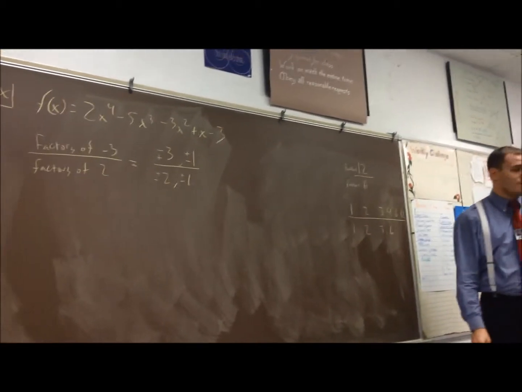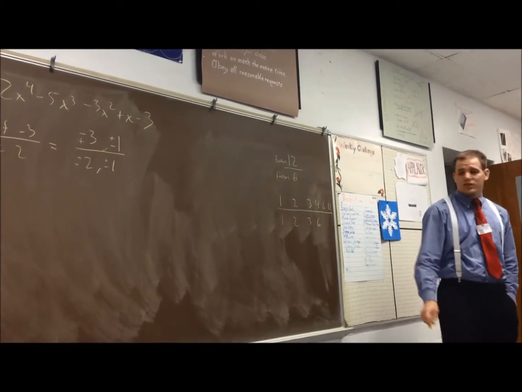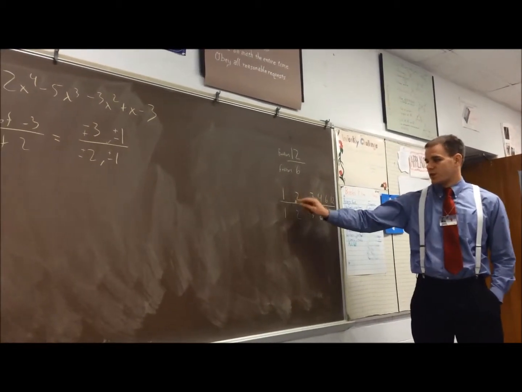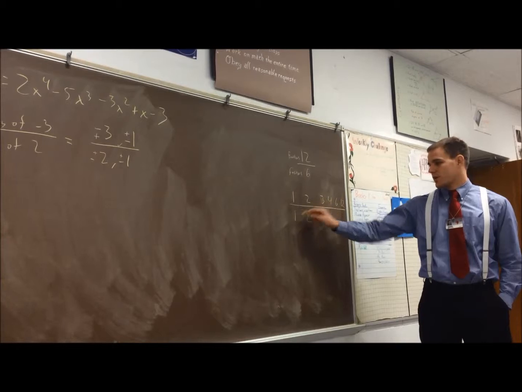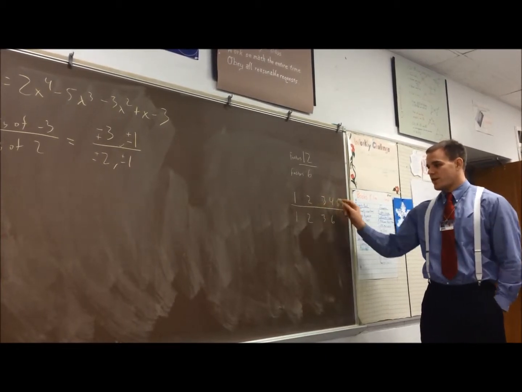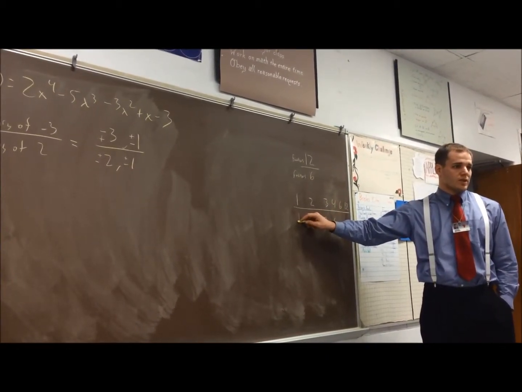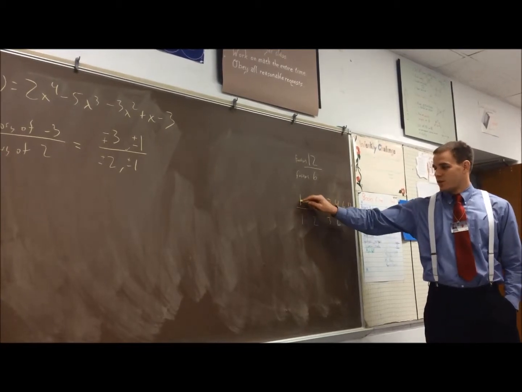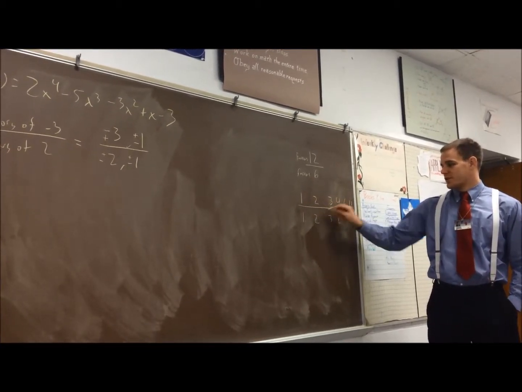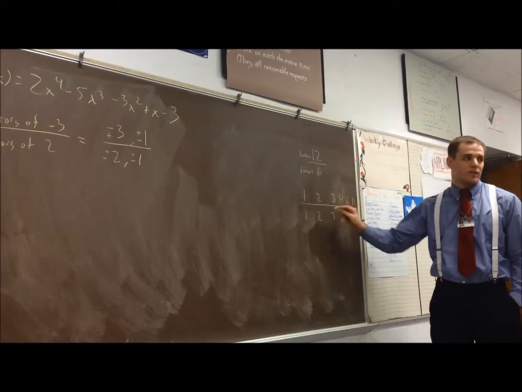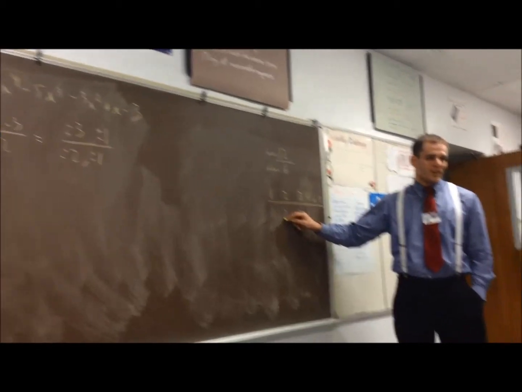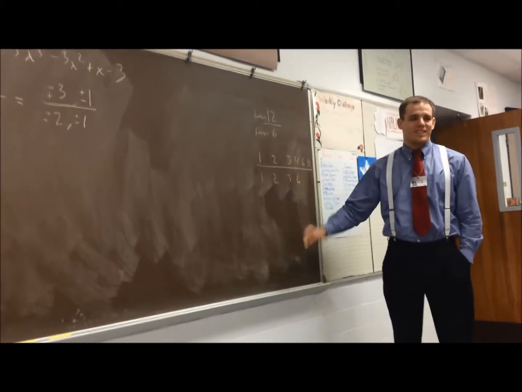So the possibilities could be 1 over 1, 2 over 1, 3 over 1, 4 over 1, 6 over 1, 12 over 1. Or 1 over 2, 2 over 2, 3 over 2, 4 over 2, 6 over 2, 12 over 2. Or 1 over 3. You see how this gets annoying?